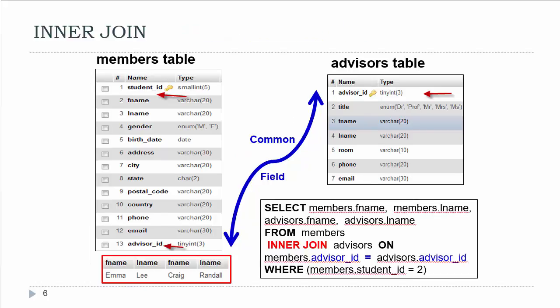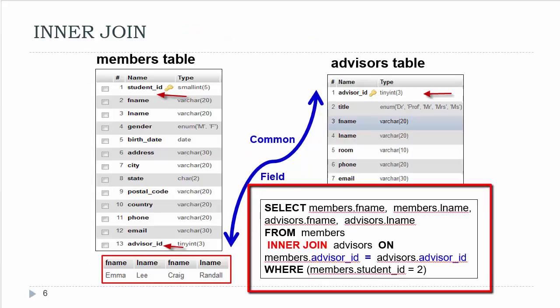So let's take a look at the select statement here. And there are two ways of doing it. When you work with a select statement with multiple tables, you will see a dot syntax, table name dot column name, to differentiate them because the same column name could exist in both tables.